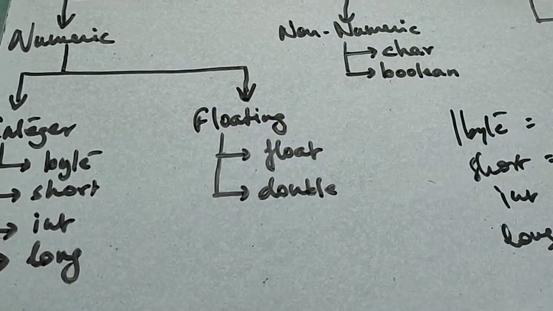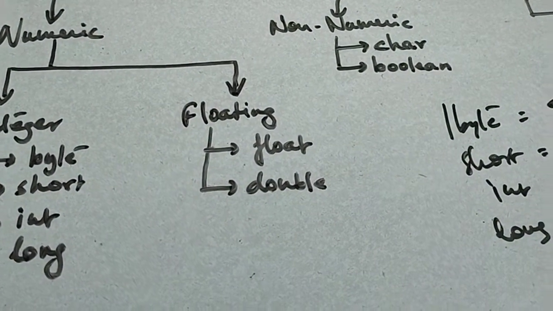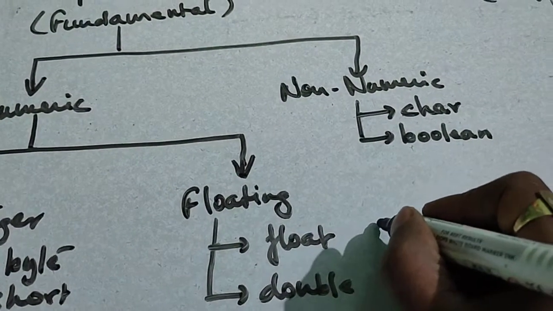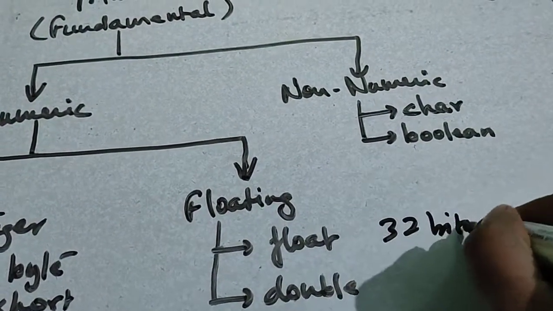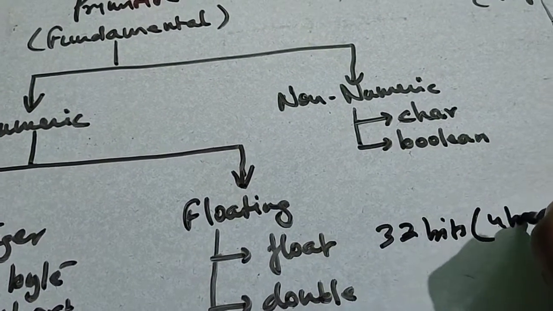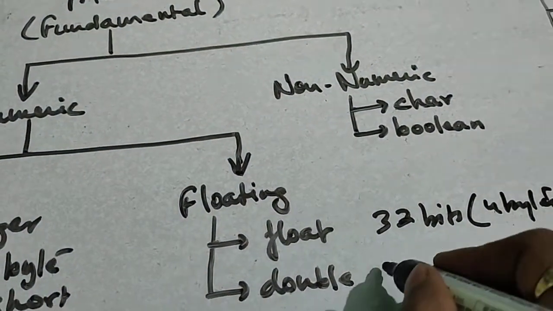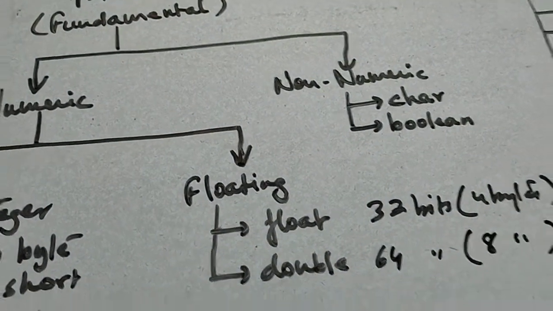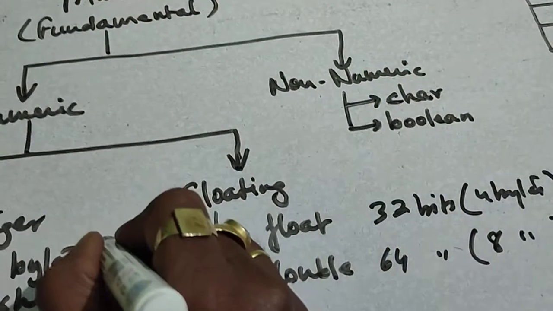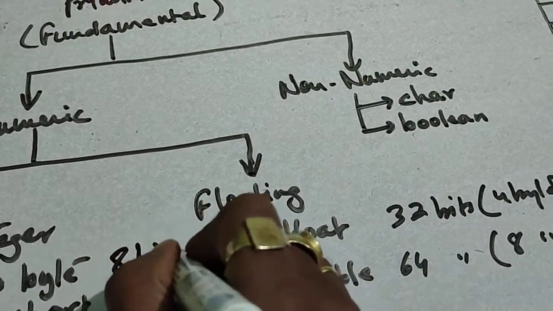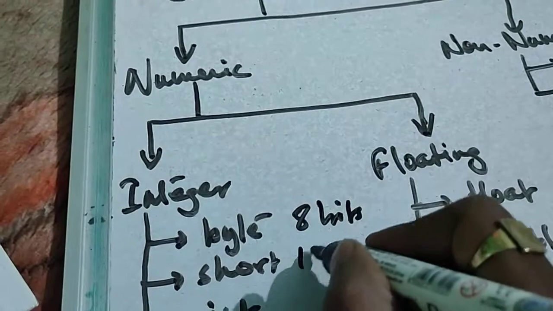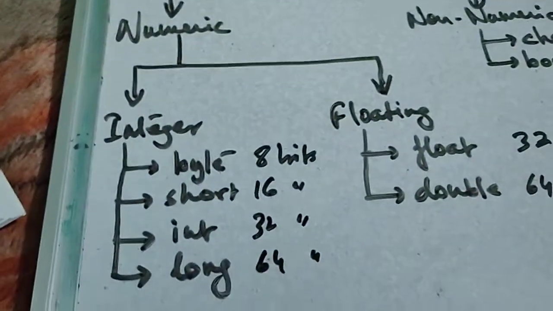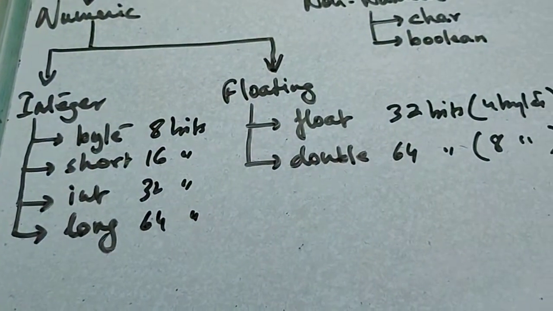Their byte size is also fixed: float has 32 bits, or 4 bytes, of fractional values, and double has 64 bits or 8 bytes of fractional values. So please remember here, 8 bits, 16 bits, 32 bits, and 64 bits. So this is all we have.